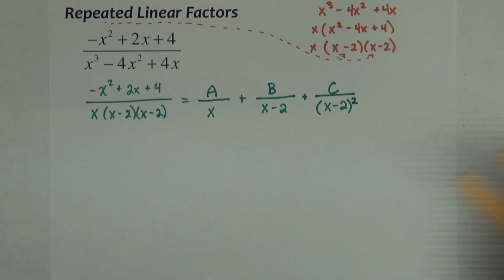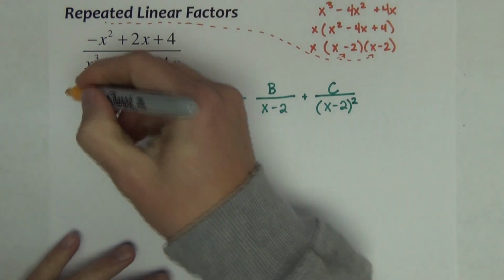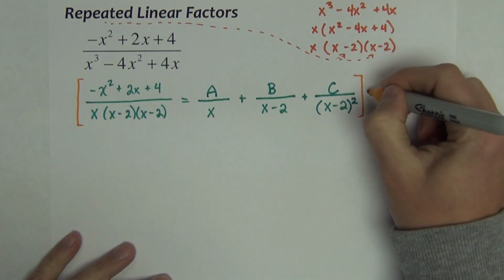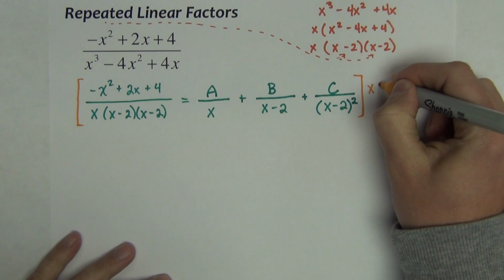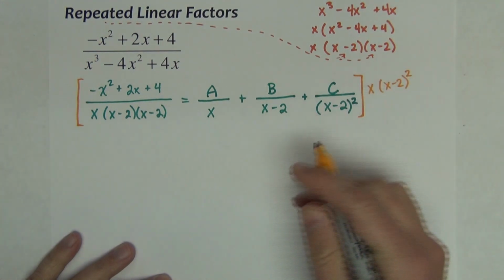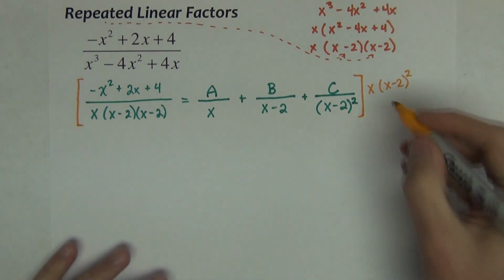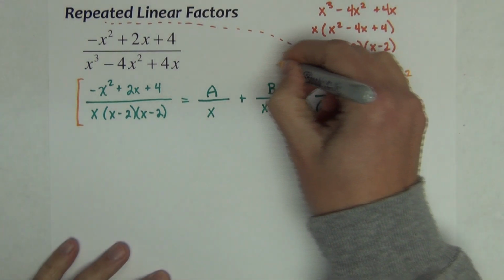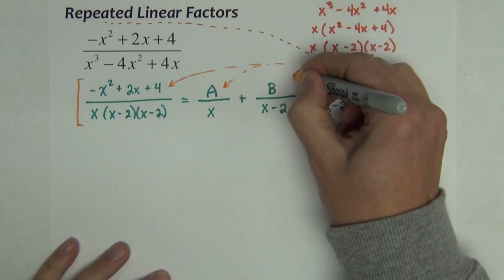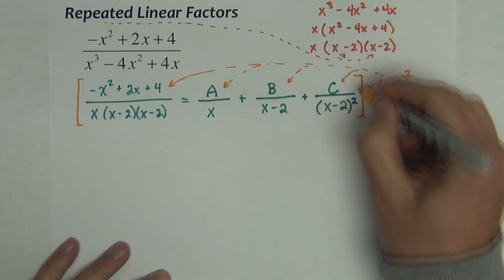Next, we're going to multiply everything by the least common denominator. So I'm going to multiply this entire equation by the common denominator, which is an x and x minus 2 squared. So if that distributes, it's going to go to this numerator, it's going to go to this numerator.